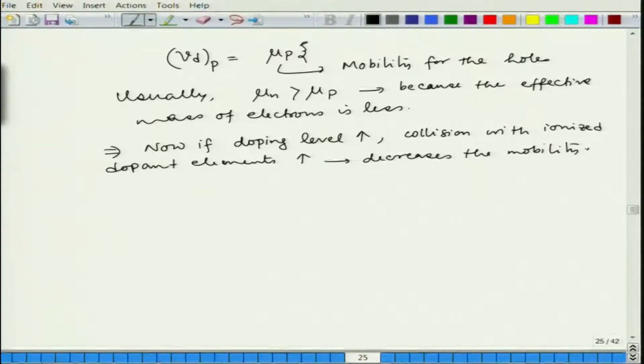So, for a certain doping level you can define a mobility which is a material property. Now, if the doping level changes, then the mobility can also change.